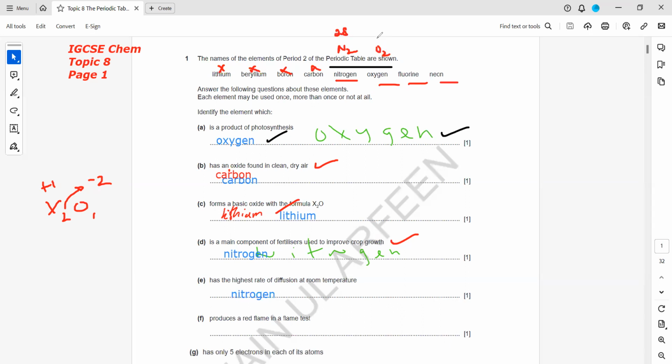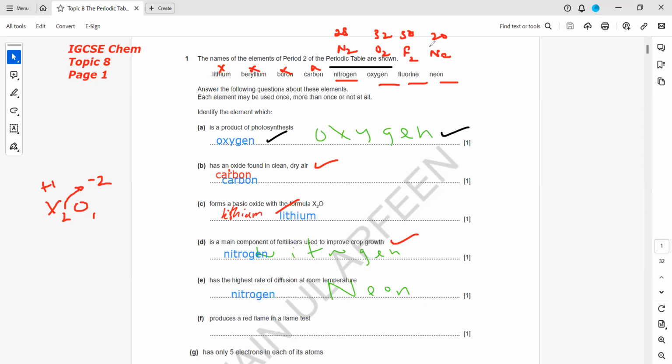Oxygen exists as O2, 16 times 2 is 32. Fluorine exists as F2, so 19 multiplied by 2 makes 38. And neon is monoatomic, which is 20, because 10 and 20. So which gas will diffuse faster at room temperature? So it should be neon.